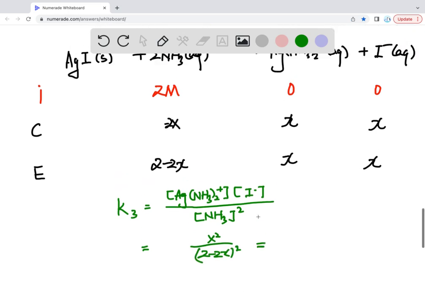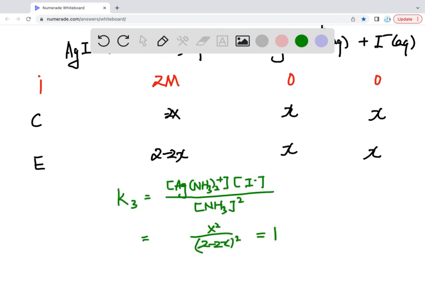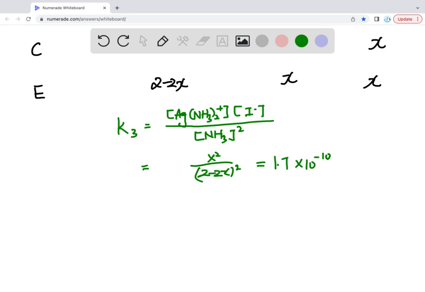That's equal to 1.7 times 10 to the minus 10. So let's do the calculations here. That means x over 2 minus 2x equals 1.304 times 10 to the minus 5.